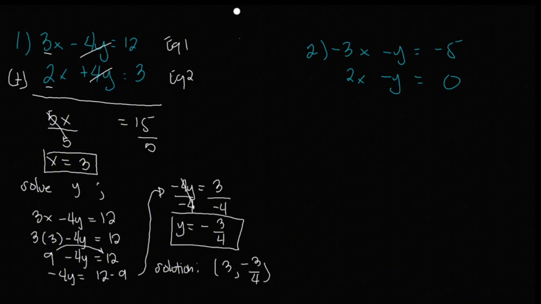For example, in this part we have variable y. As you can observe, the variable y has the same numerical coefficient of 1. But instead of different sign, we have the same sign, which is negative. So therefore, we cannot immediately cancel out, or eliminate, variable y.